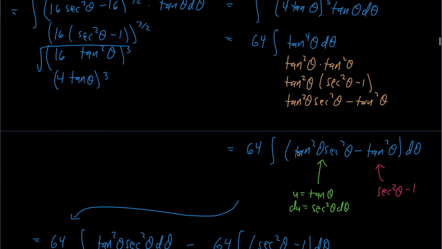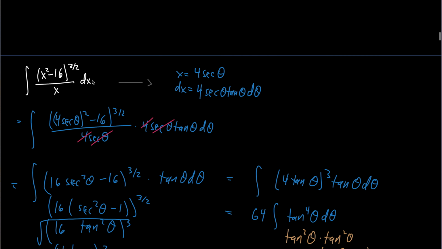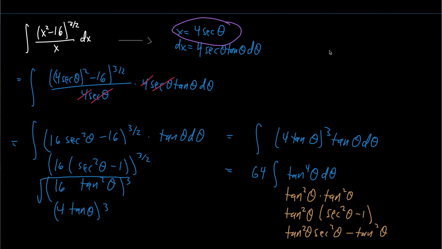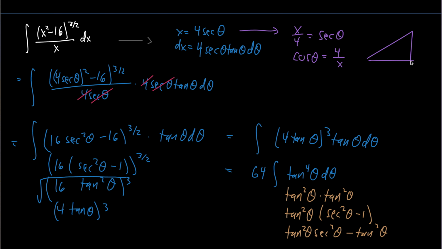So let's go up here. Think about our substitution. X is 4 secant. This tells me then that x over 4 is equal to secant theta, which tells me that cosine theta, which is secant's reciprocal, would be 4 over x. Therefore, if you make a triangle, and I make my angle theta be here, cosine, which is adjacent over hypotenuse, would be 4 and x here.